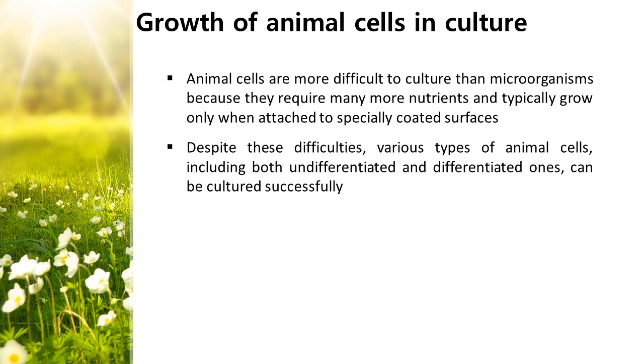It is very difficult to culture living cells, that is animal cells, compared to microbes. Compared to microbes, the growth of animal cells under in vitro condition is very difficult. It requires more nutrients, and the growth can take place only if the cells attach to specially coated surfaces.